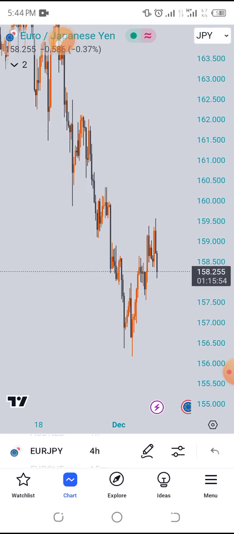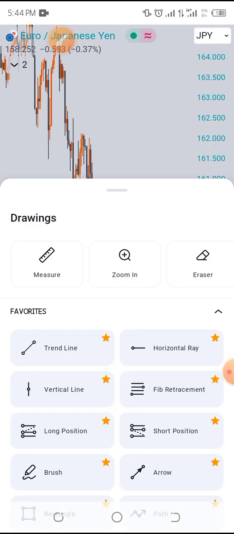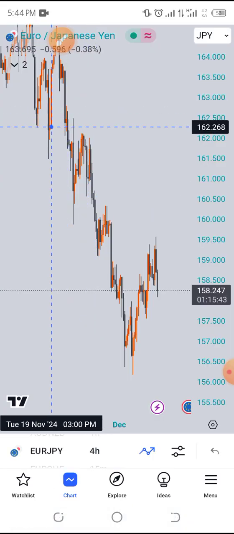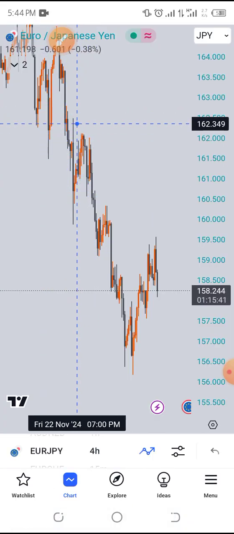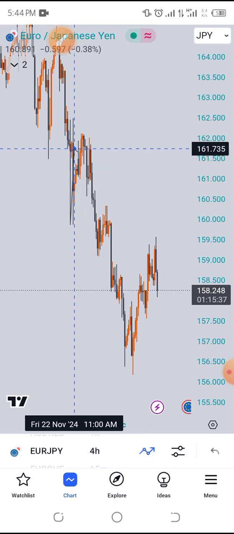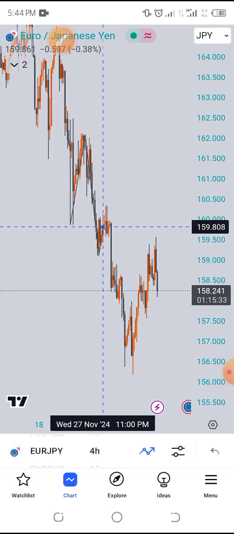This is Euro JPY 4 hours time frame, and as we can see right here, we've been having a bearish market for some time. As you can see, price, let's just start from here, dropped to the downside, we traced back up, broke structure to the downside, we traced a little bit.